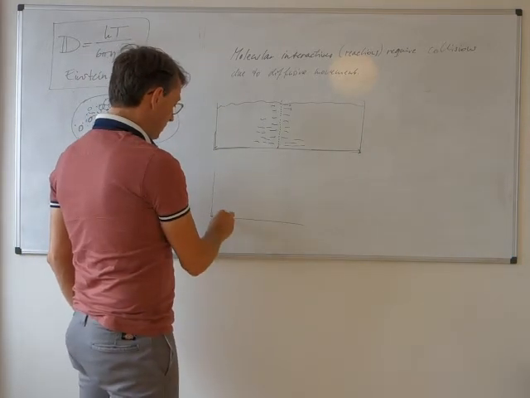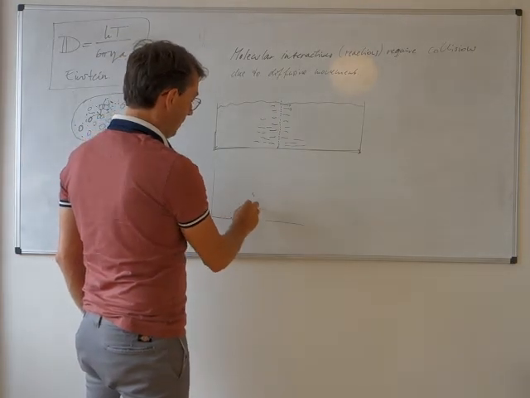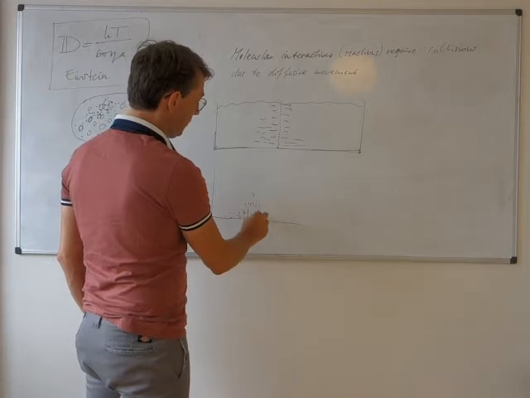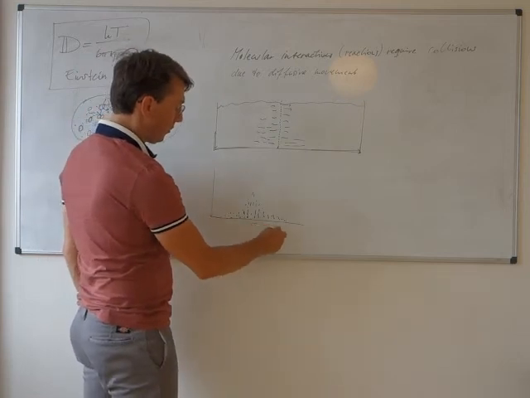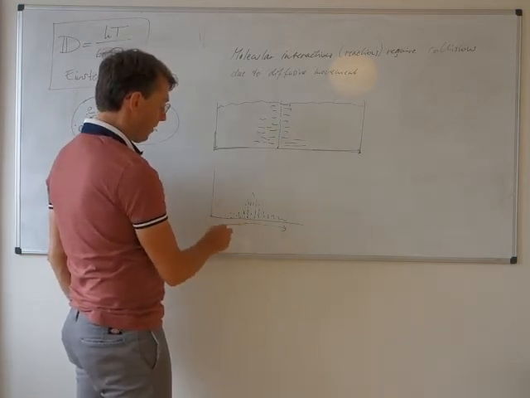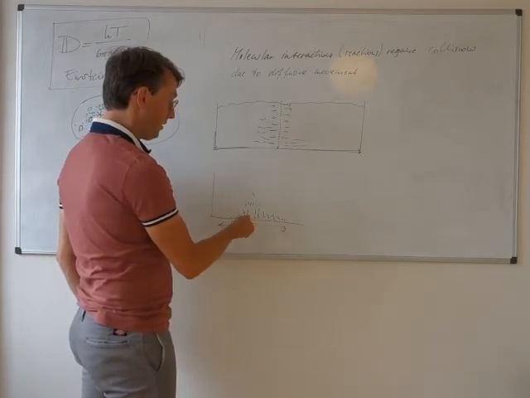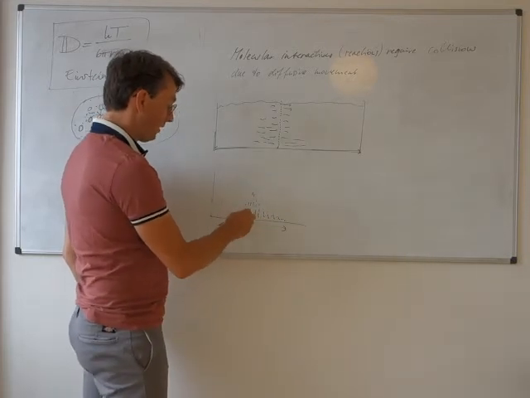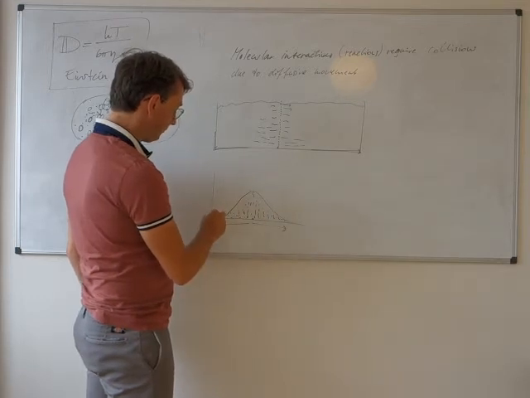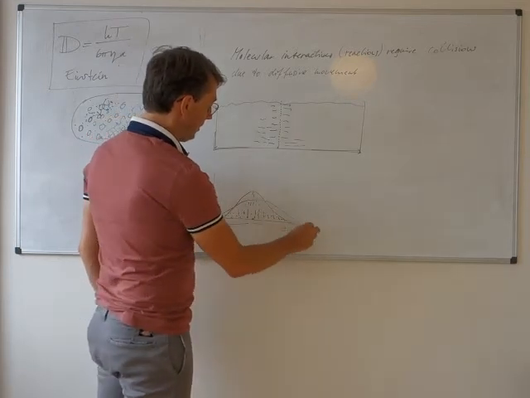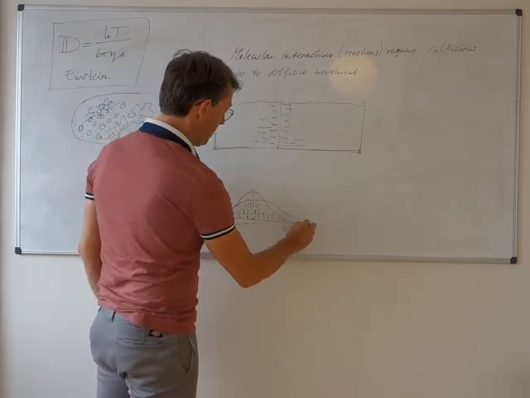So sometime later we find molecules here and there, and in the middle we will always have the highest number of molecules. Whereas on the edges we always have lower numbers, because these molecules have had more steps to the right and these molecules have had more steps to the left. The most probable thing is that you have an equal number of molecules to the right and left, so they stay in the middle. A time later it has spread more and more, until you have an even spread. Okay.